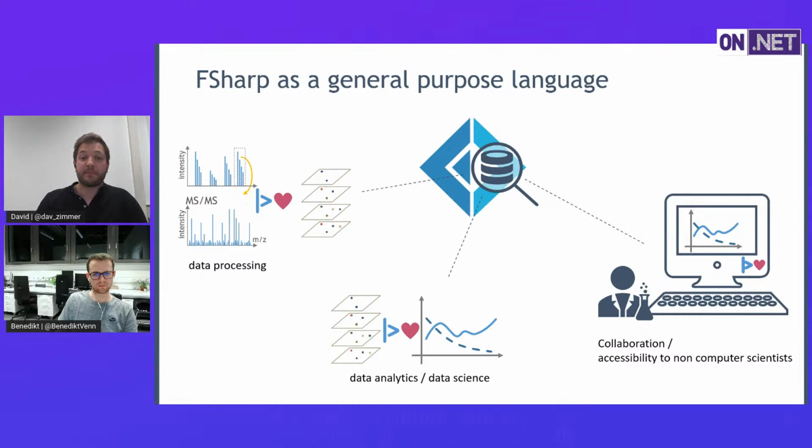So how we overcome this is we use FSharp as a general purpose language. It's our general purpose language, our workhorse. This is mainly due to the great features of the language, like the strong scripting environment, which allows super fast development cycles, the type safety, and of course the interoperability with the .NET world.